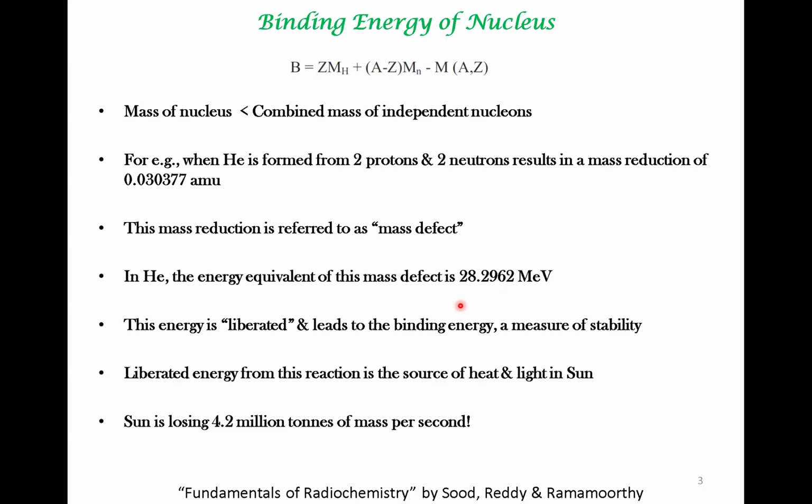That's because it is also losing a lot of mass every second. This number appears to be large, but because the sun's overall mass is very, very large, this is a tiny fraction of the mass of the sun. The mass lost per second is a small fraction of the overall mass of the sun.